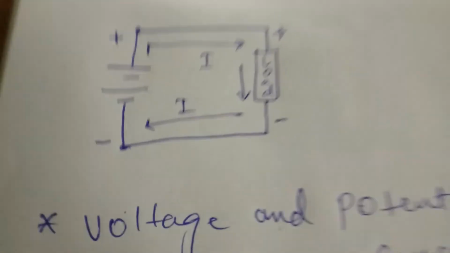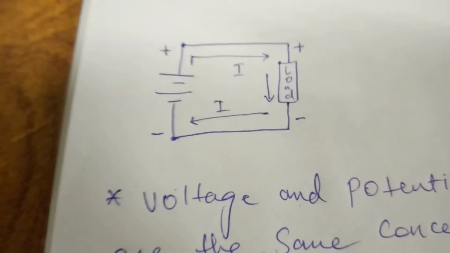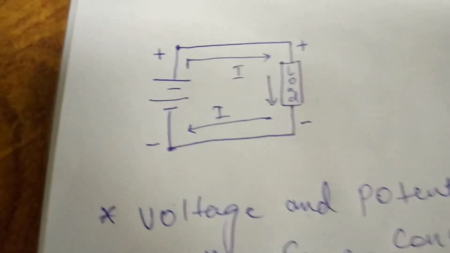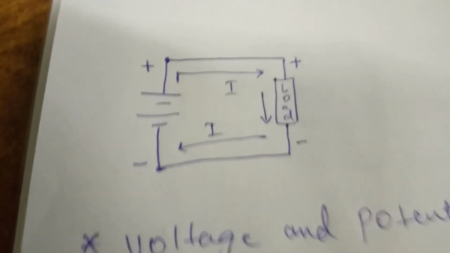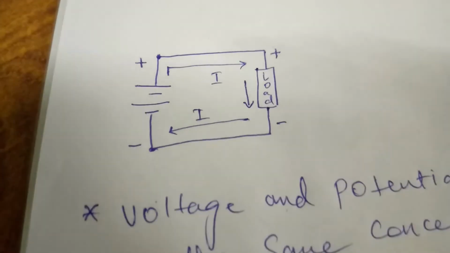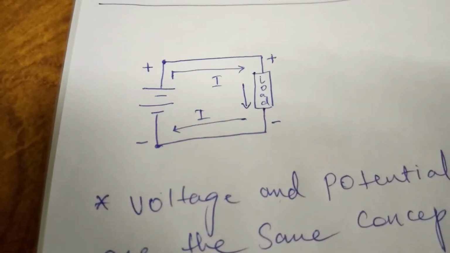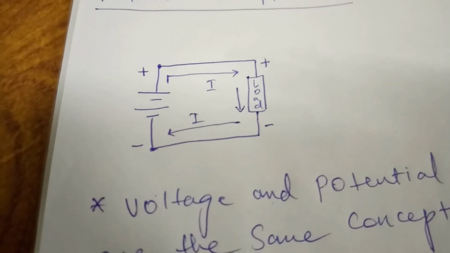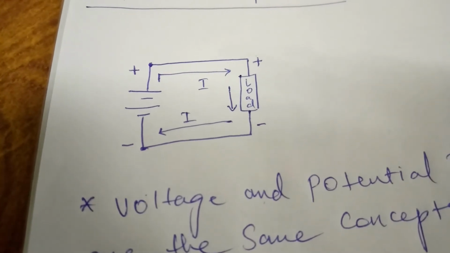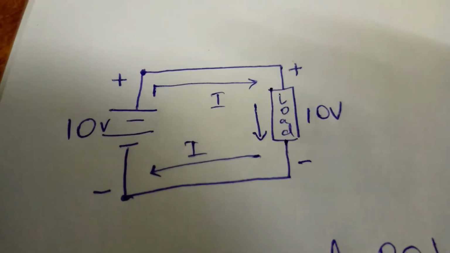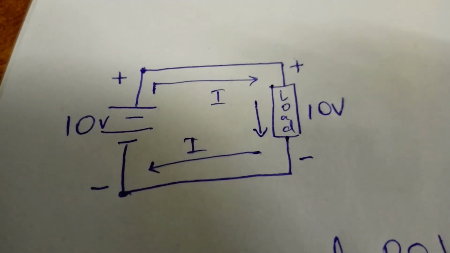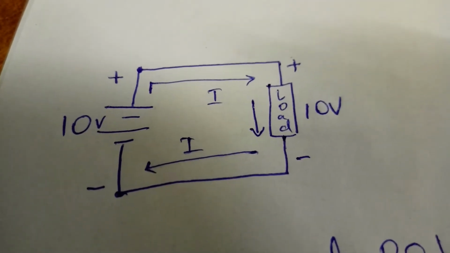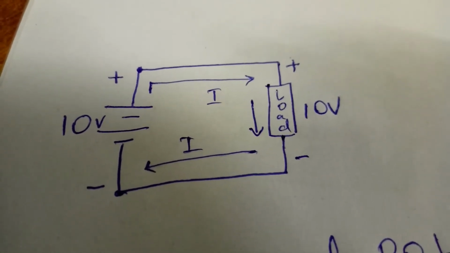If I say the battery is of 10 volt, then 10 volt will be across the load as well. You can see the battery is of 10 volt, then 10 volt is also the voltage across the load.